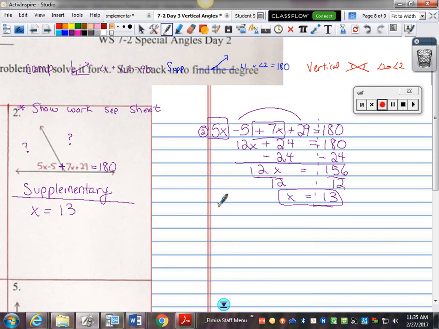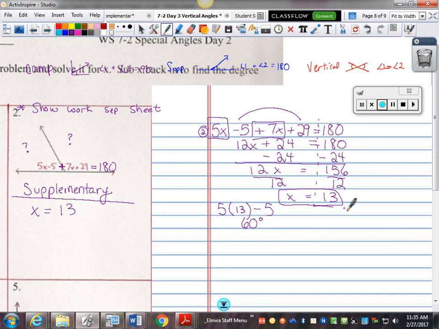So what I need to do next is sub in 13 for x. So sub in 13 for x in 5x minus 5. That's one of my angles, and we'll call that angle 1. It doesn't matter which one you call angle 1 and which one you call angle 2. 5 times 13 is 65, minus 5 is 60.